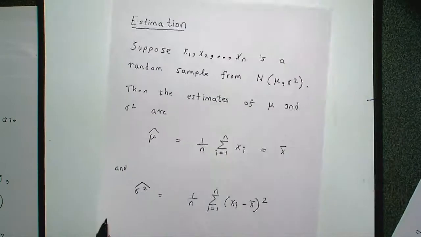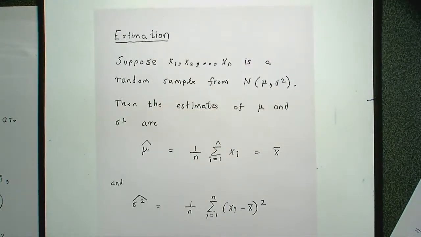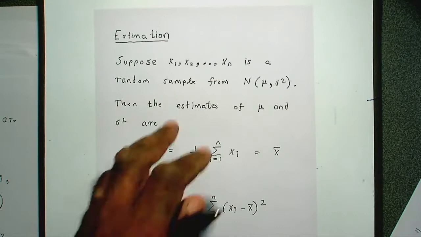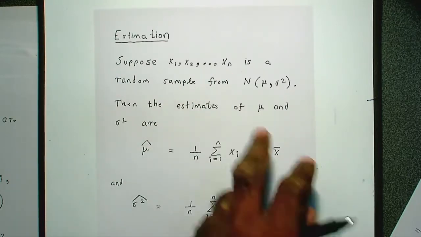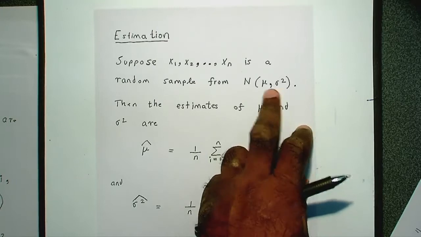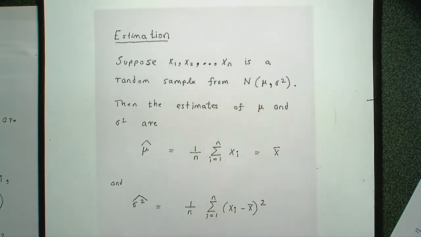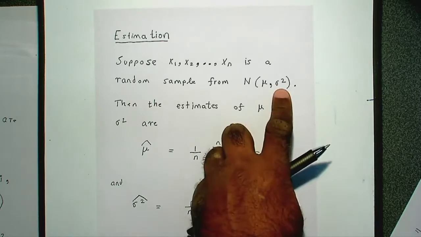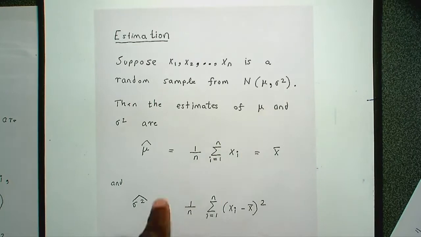I also talked about estimation on Tuesday. If you have a random sample, usually the population is so huge you can't access it. So you have to draw a sample, like heights of 100 people. You could imagine this as being the heights of 100 selected men in the UK, coming from a population which is normally distributed with these parameters. Because the population is inaccessible, we don't know the exact values of mu or sigma squared, so we can only estimate them.